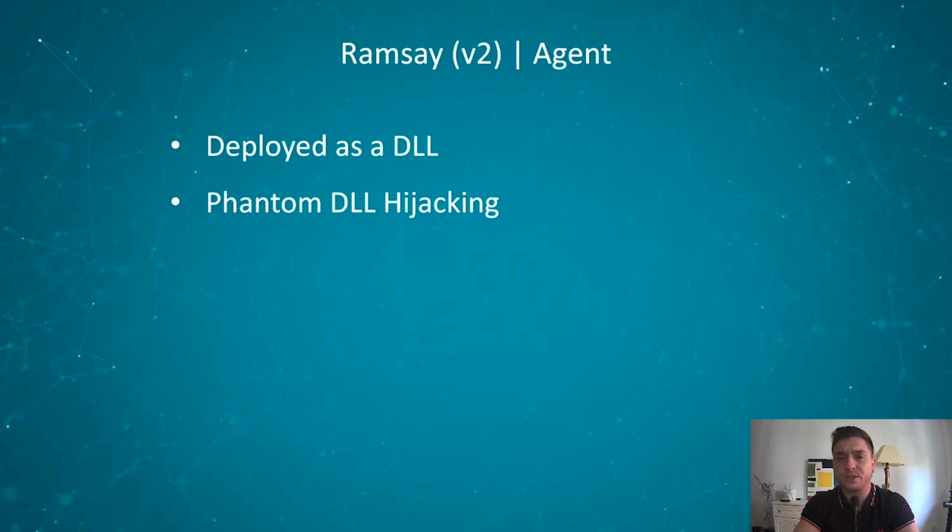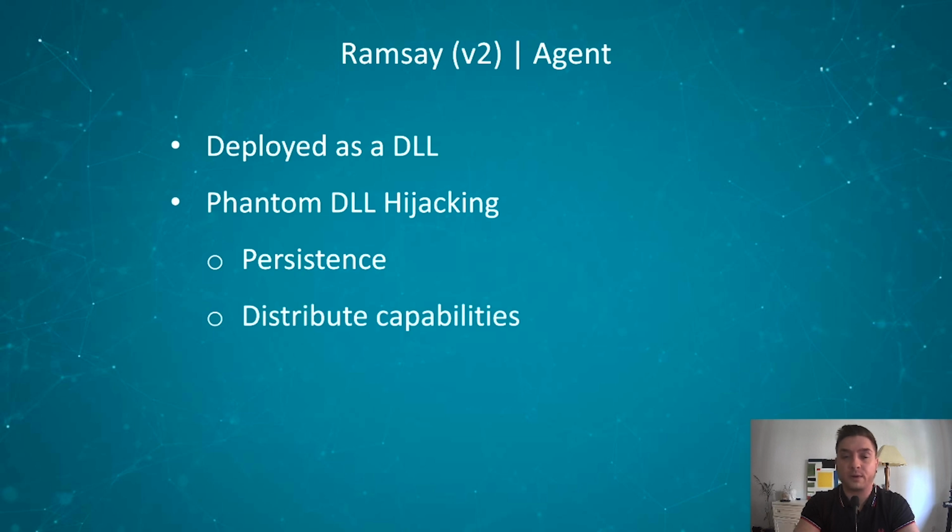In regards to Ramsay, it leverages phantom DLL hijacking for two main reasons. One is to establish persistence of the main Ramsay installer, but also to distribute Ramsay's agent capability. This is an interesting design choice. Depending on which process loads the Ramsay agent, a different set of capabilities will be performed.